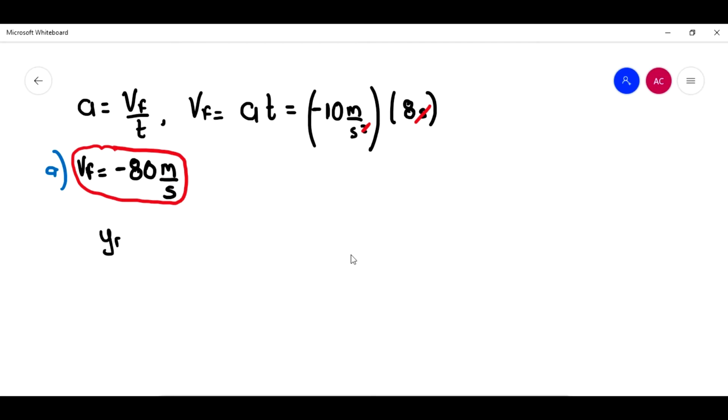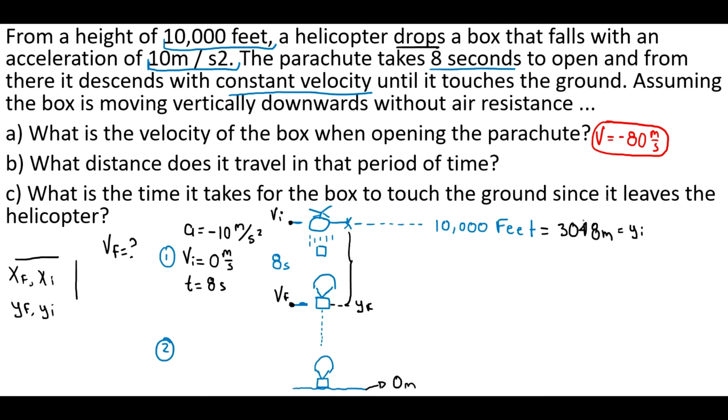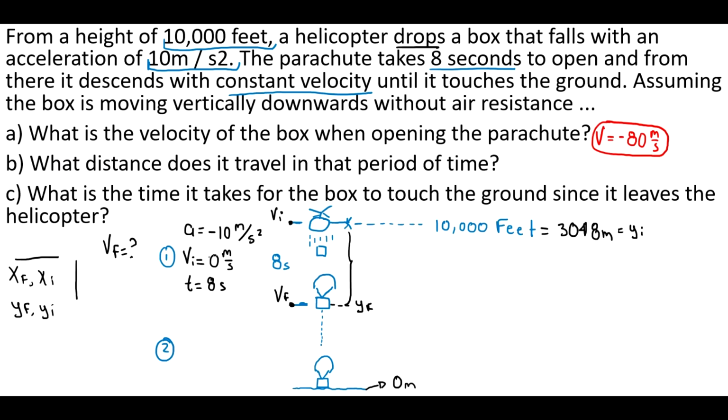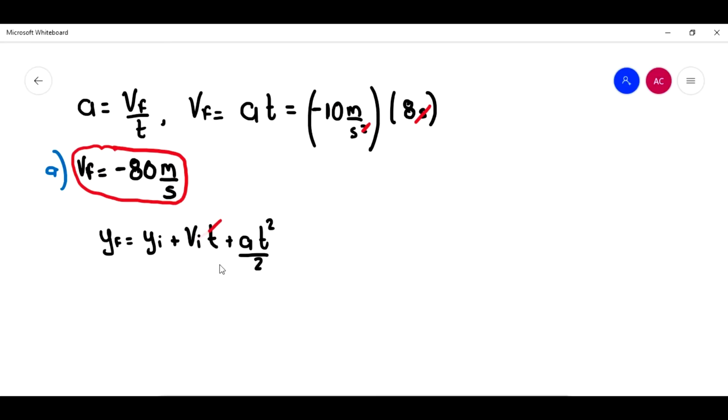Then I'm going to write the equation of position. That is final position equals initial position plus initial velocity multiplying time plus the acceleration multiplying the time square over 2. My initial position in this case is going to be 3,048 meters. My initial velocity is 0, so I can cancel this whole term over here. So the equation that I'm going to use will be final position equals initial position plus the acceleration multiplying time square over 2.